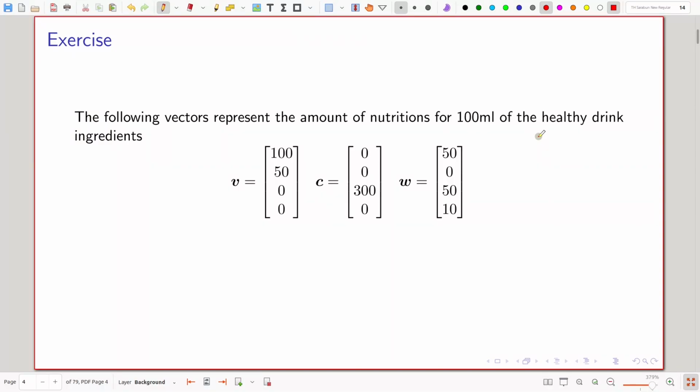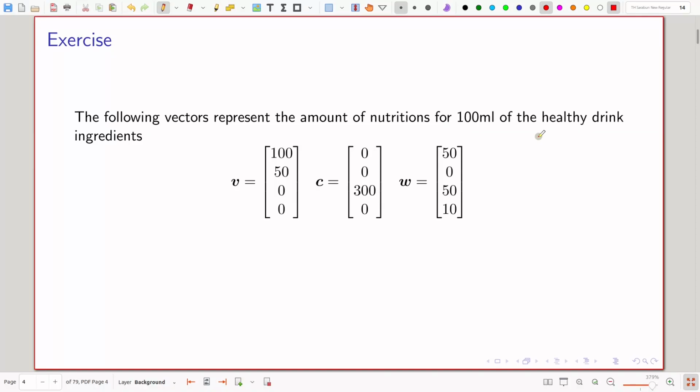You have three types of energy drink. Let's call them V, C, and W. We represent each healthy drink by the amount of nutrition that it has.